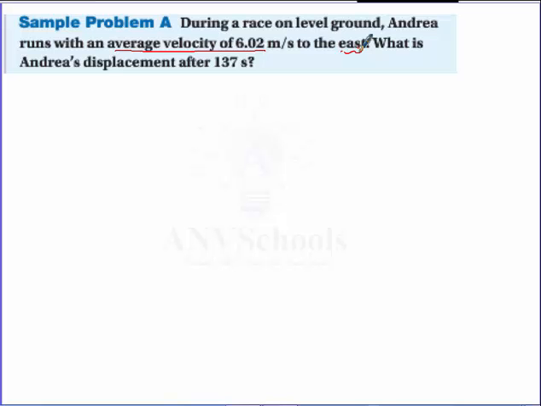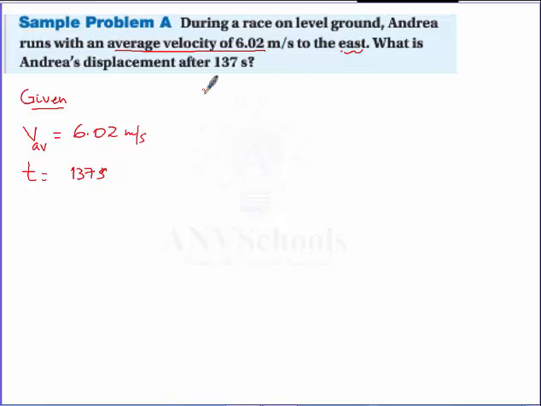It will be better if you list out the given quantities first. What are the given quantities? The average velocity is given, that is 6.02 meters per second, and time is also given, that's 137 seconds.